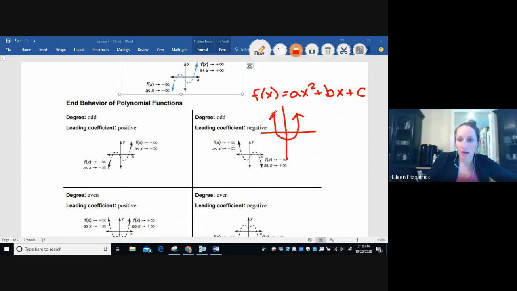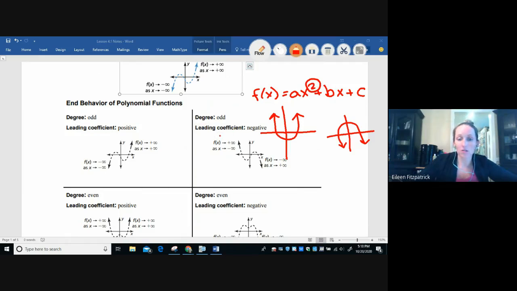We could either have a parabola opening up or a parabola going down. It opens up if our a value is positive. It opens down if our a value is negative. So think about that for a second. Also notice the degree of this polynomial. We determine the degree of the polynomial by looking for the highest degree. The degree is 2, which is an even number.